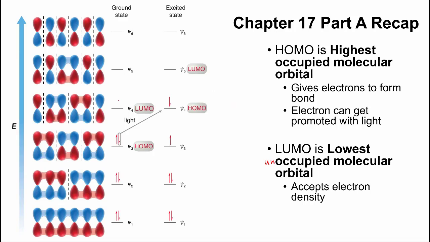So you can see the LUMO here has no electrons in it, and the HOMO has two here, but that can get excited so that there's one unpaired and one unpaired one there. You don't have to worry about duplicating any of these molecular orbitals. I have nightmares about molecular orbitals, so I'm not going to impose that on you guys, but these do explain some of the reactivity behind the Diels-Alder reactions, so we just kind of have to look at them a little bit.